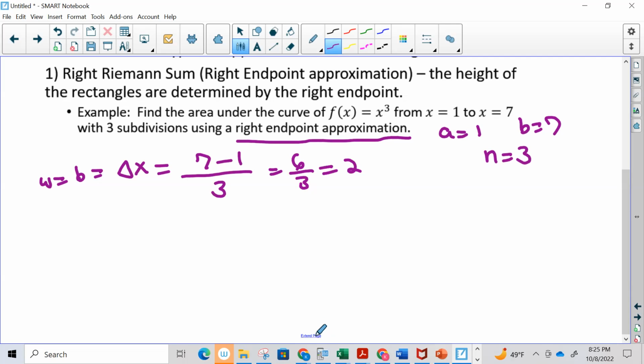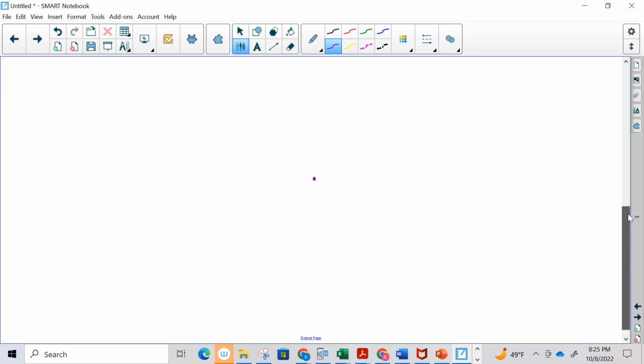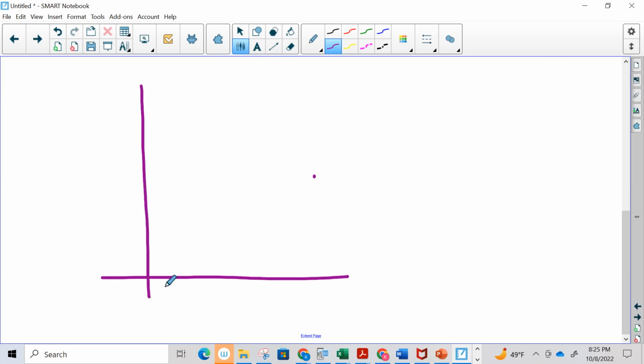Then we need to draw our curve to figure out the rest of it. So I'm going from 1 to 7. Okay, and if I do 7 cubed, it's going to go up to 343.